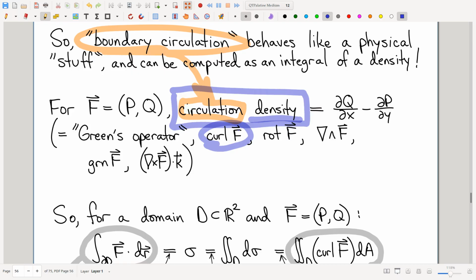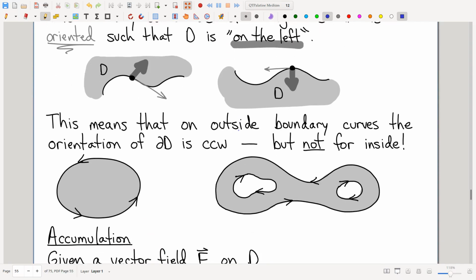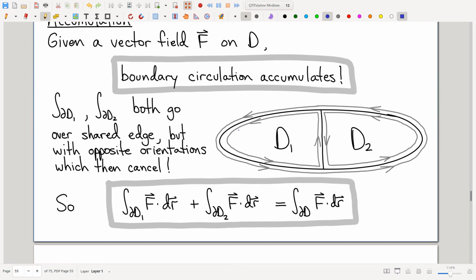Because it's literally the density of circulation, and circulation is literally a measurement of the extent to which the vector field follows along the curve that goes around. The extent to which the vector field is doing like the curve is, that's what a vector line integral is: the extent to which the fluid is circulating, and thus the extent to which there's a rotational aspect to the fluid. Is that cool? Everybody happy with that?